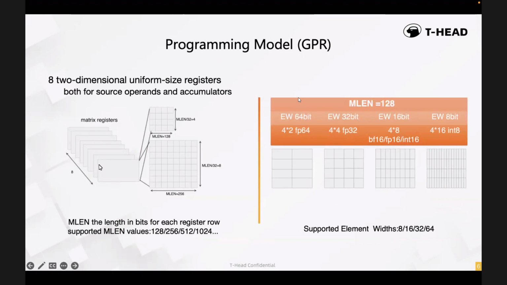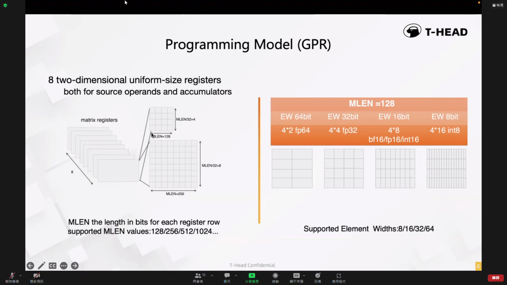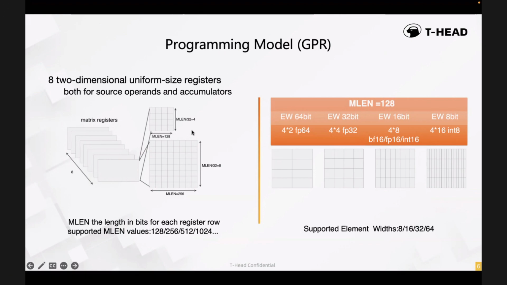We have 8 matrix registers that serve as a source register, destination register, and accumulation register. The registers are 2-dimensional, uniform size registers, both for source operands and accumulators. If you choose MLEN, you choose the register size.